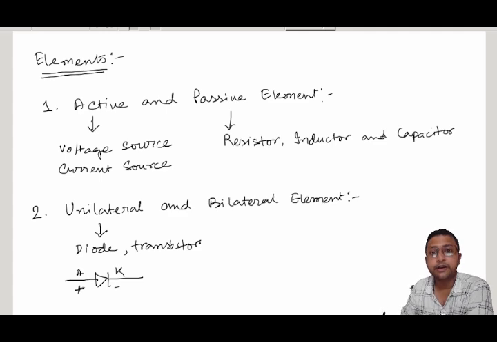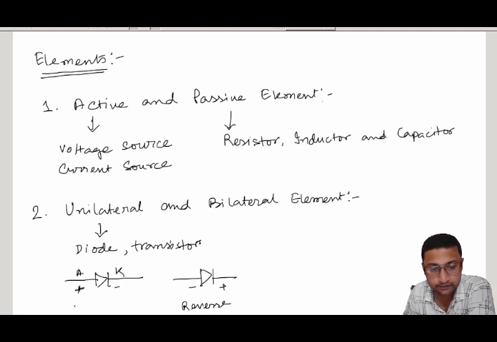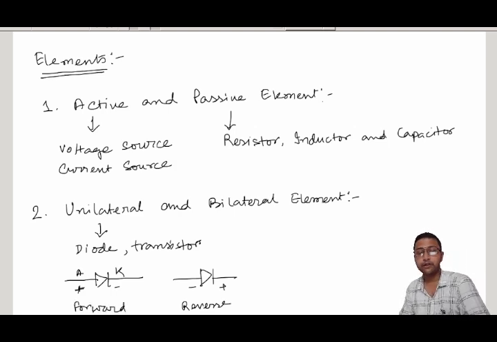And if the polarity is reversed, that means the cathode is more positive than the anode, then the diode acts as reverse bias. So the current flowing through the element depends on the polarity of the applied voltage. So it is called a unilateral element.